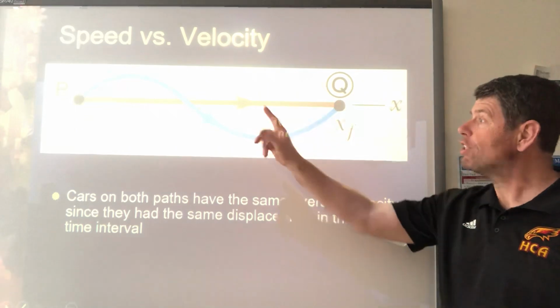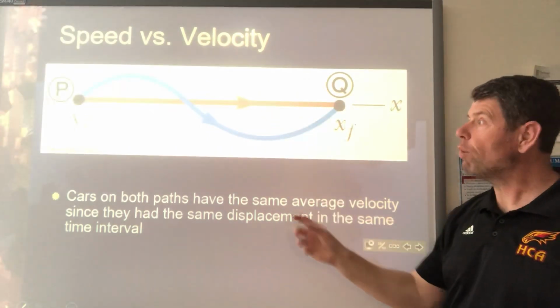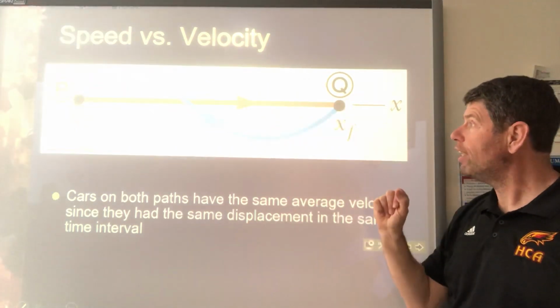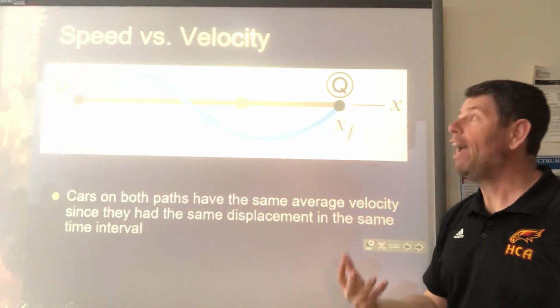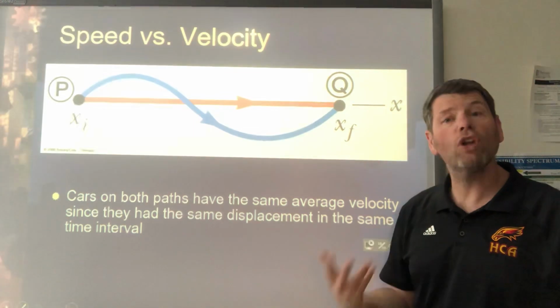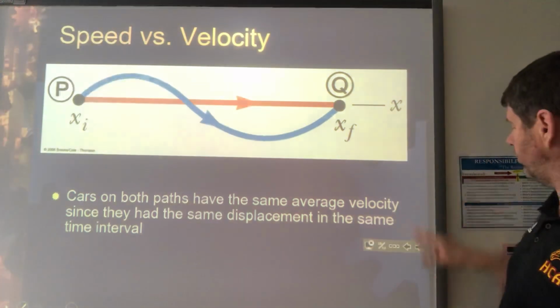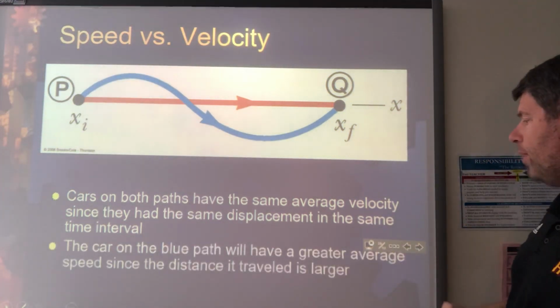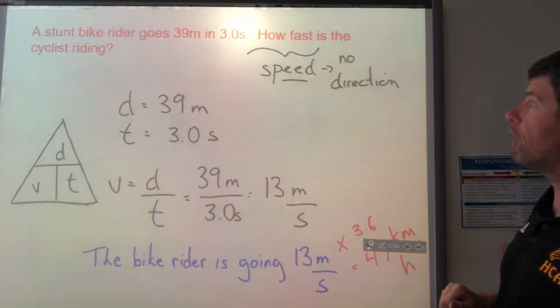Because remember, a straight line distance from where you start to where you finish represents displacement, and when we take displacement and divide by the time interval, then we get velocity.